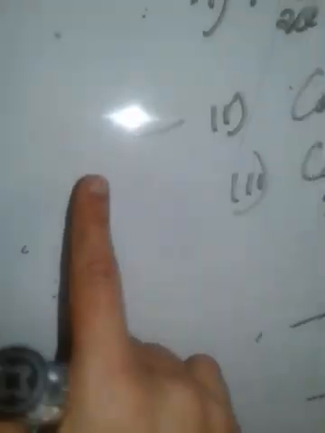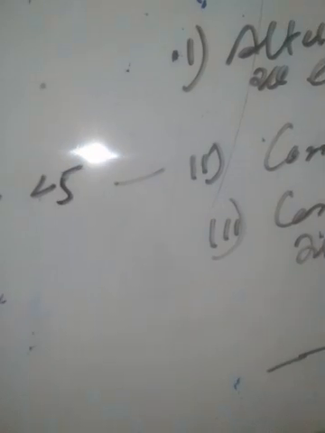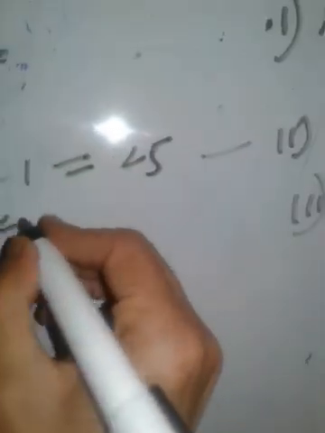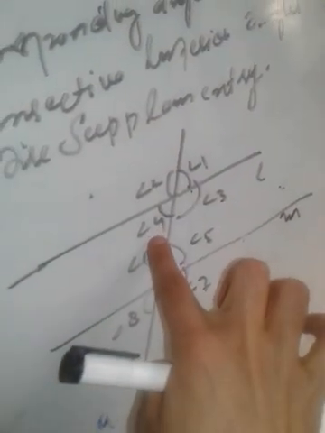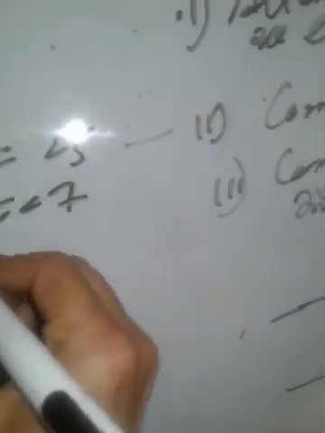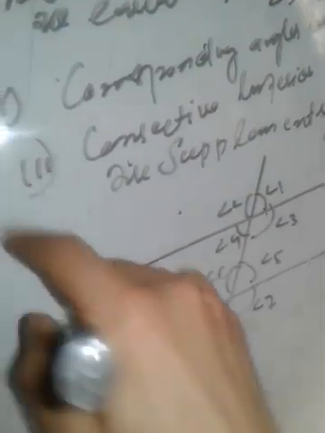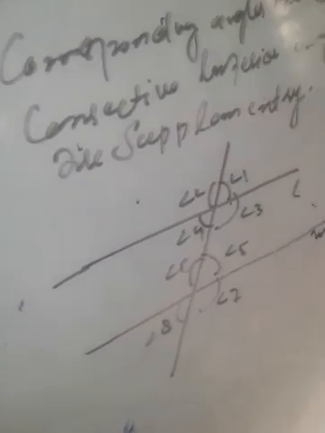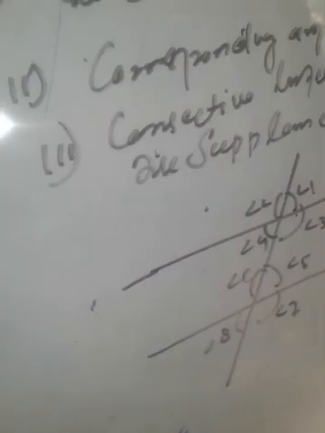So from this we get that angle 1 equals angle 5, angle 3 equals angle 7, angle 2 equals angle 6, and angle 4 equals angle 8. These corresponding angles are equal when a transversal intersects two parallel lines.